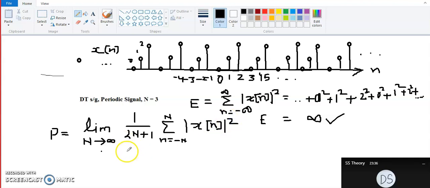This was the power for a discrete time signal. Now here N tends to infinity and we have to take the square of it.